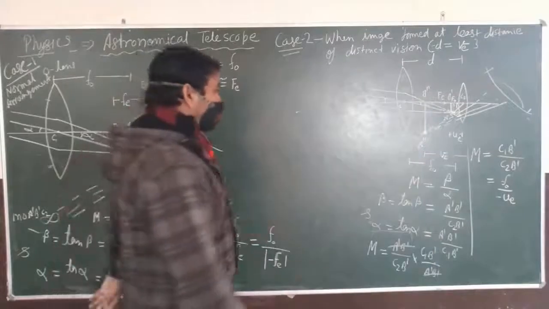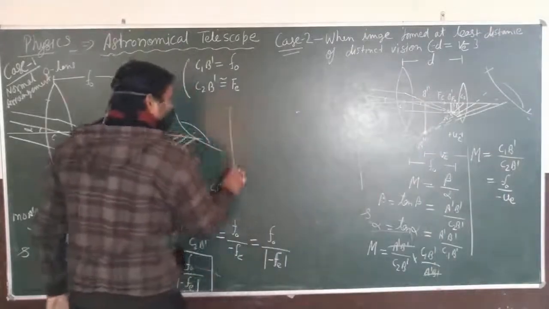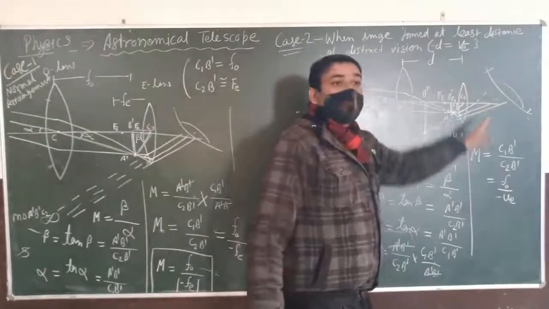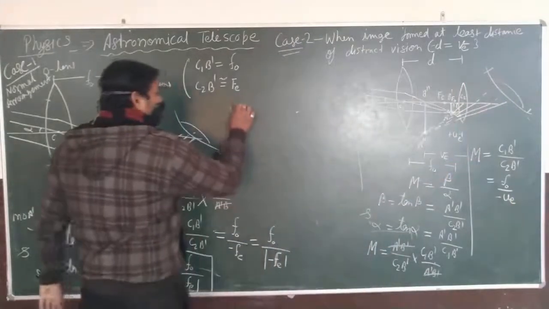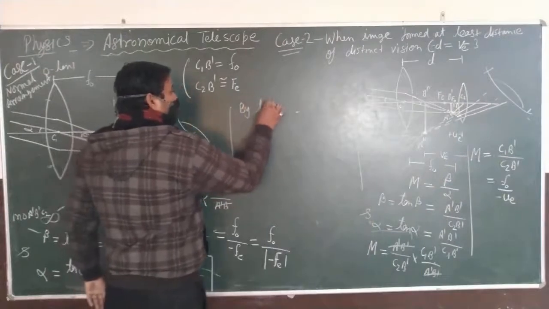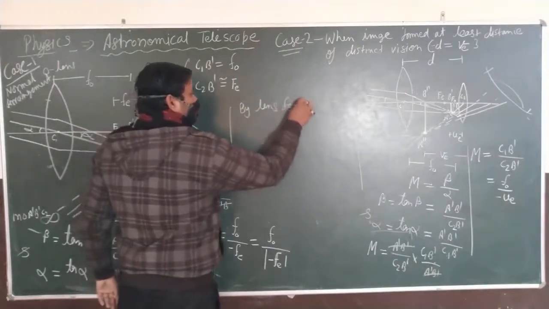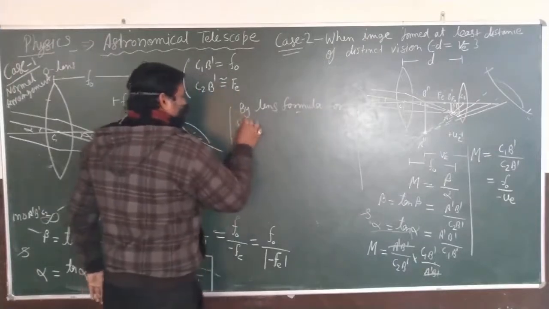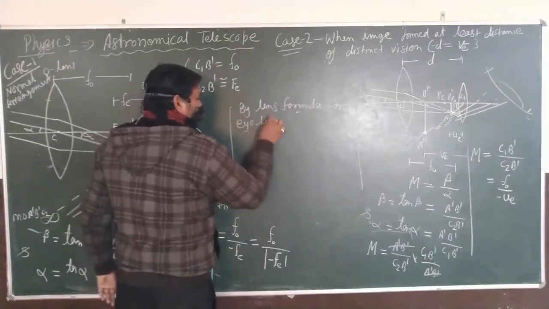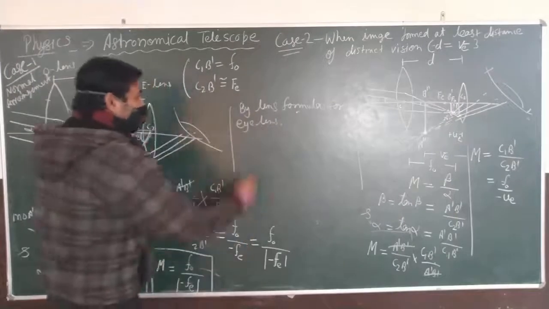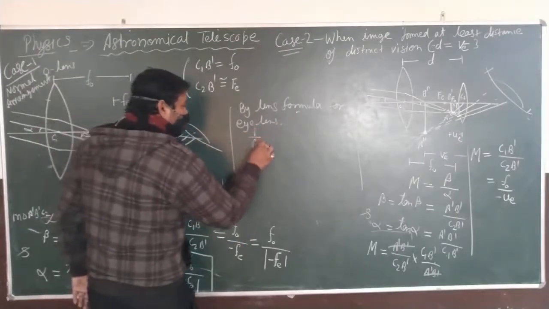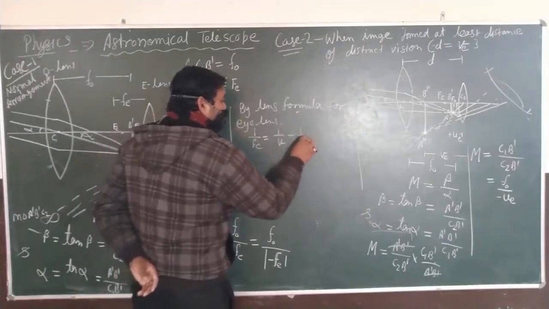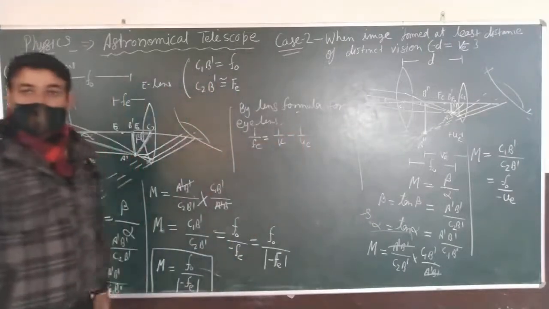Okay, now according to the lens formula for the eyepiece, lens formula for the eye lens. What we get? 1 upon Fe is equal to 1 upon V minus 1 upon U. Okay?